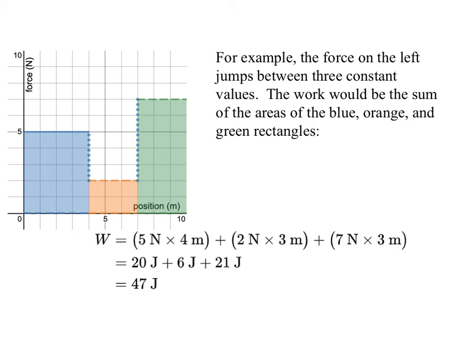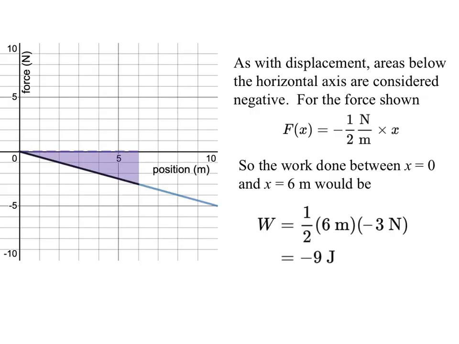That is to say, 5 times 4 plus 2 times 3 plus 7 times 3, or a total of 47 joules of work.